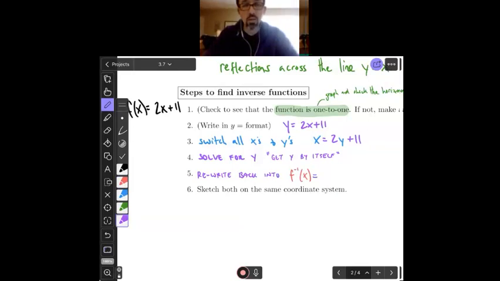So step 2 being get the f of x out. Step 5 being put the f of x back in. But now you're saying here's my inverse function from where I started with. And then step 6, when it says sketch, that would basically be your check.